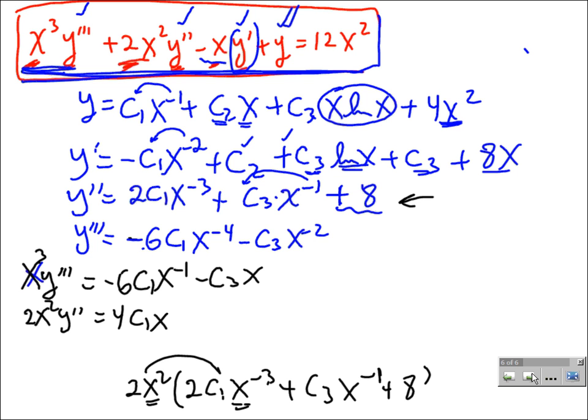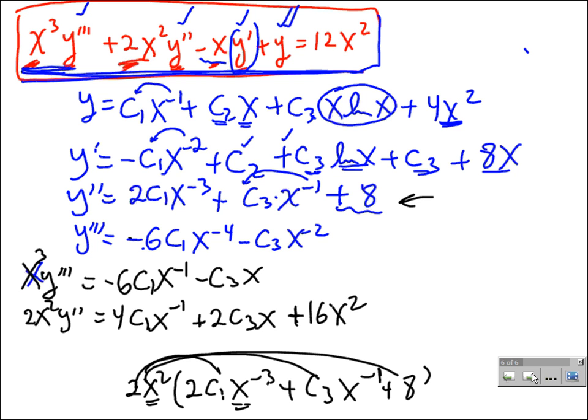You add those two exponents and you get negative 1. Now I multiply those two. Get plus 2c3 x. You add the exponents, 2 and negative 1 is 1. You don't have to write the 1. And then you get plus 2 times 8 times x squared.